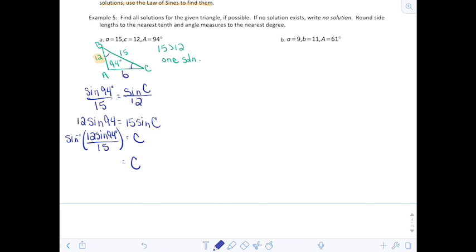And in this case, angle C is going to be 53 degrees. Okay, so I know that C is 53 degrees, so now I can continue to find some other pieces.